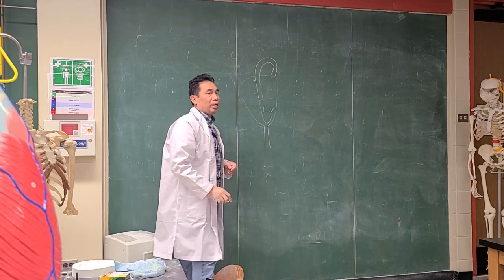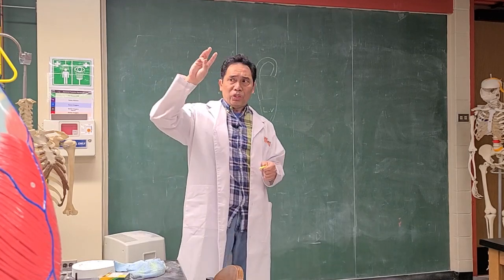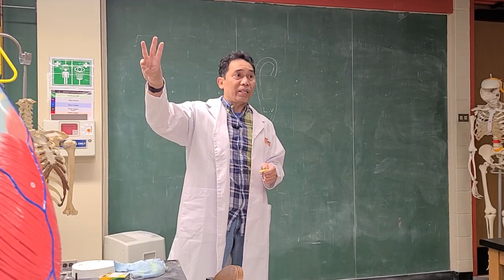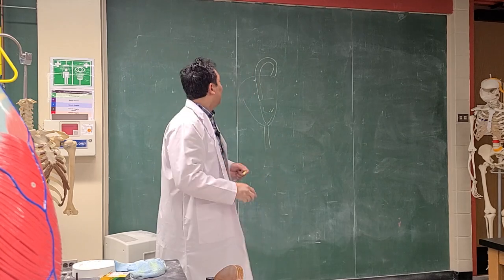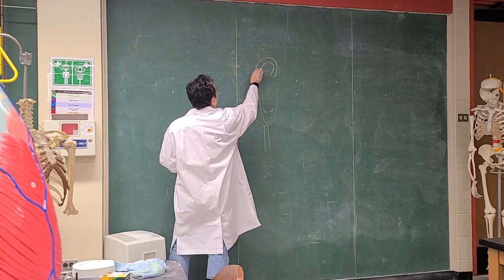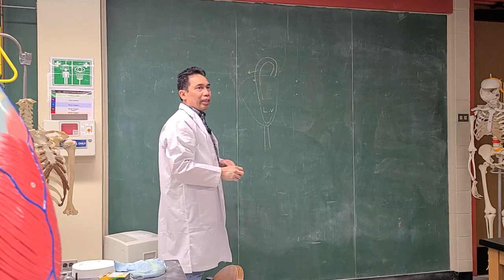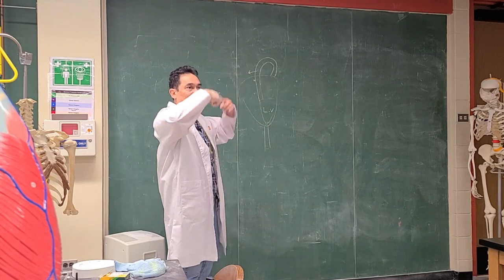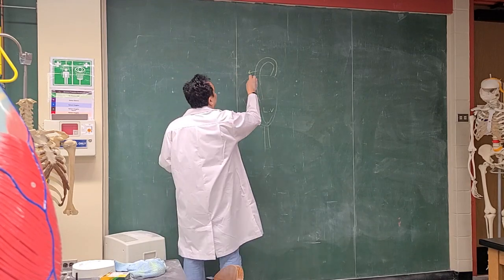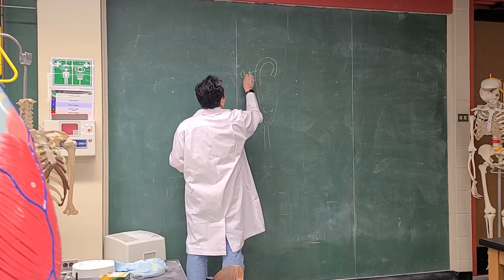Now the aorta itself is divided into three parts. The one that is up from the left ventricle is called the ascending aorta because it's going up. So number one, I'm going to put the number over here.